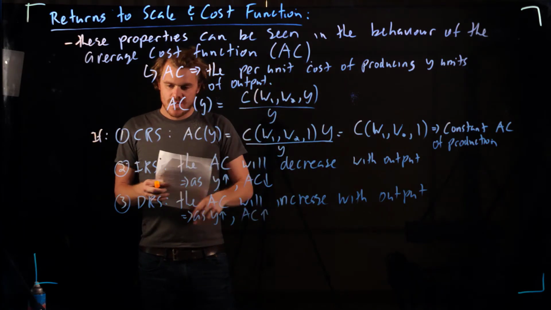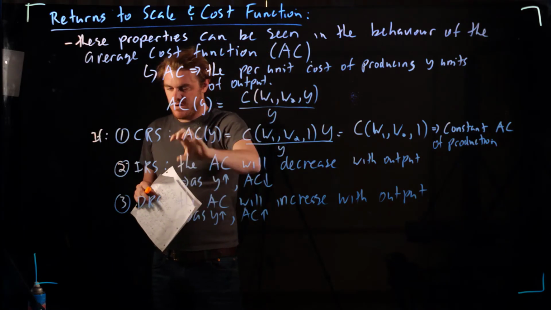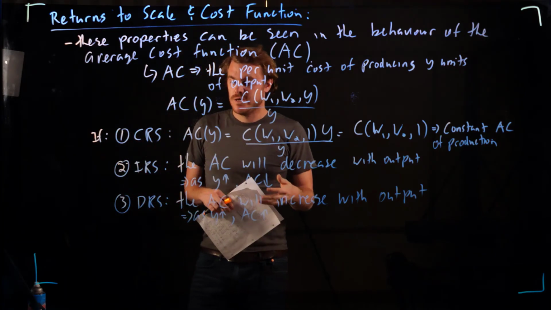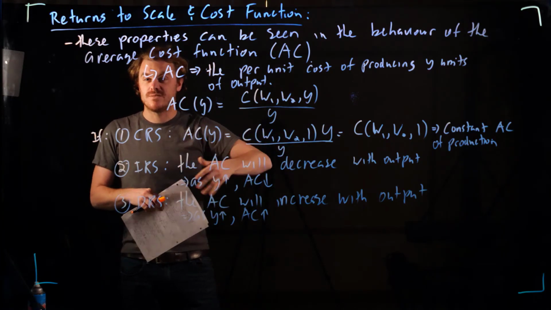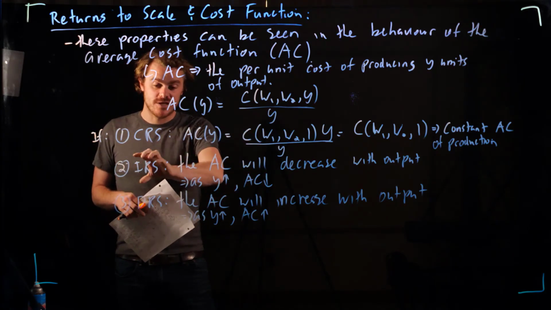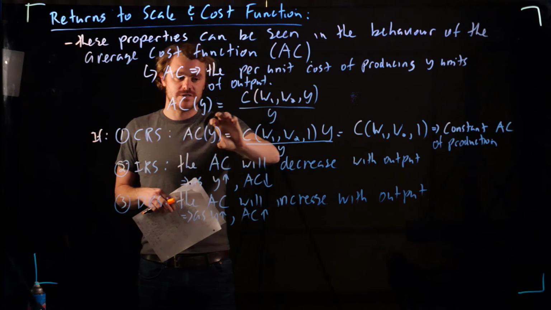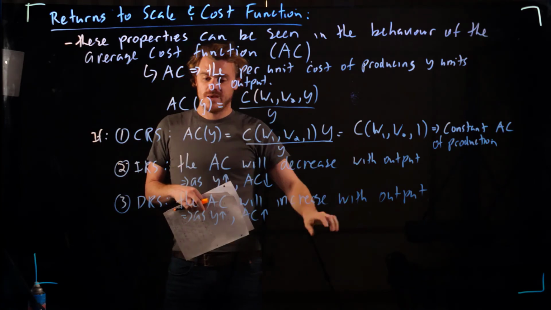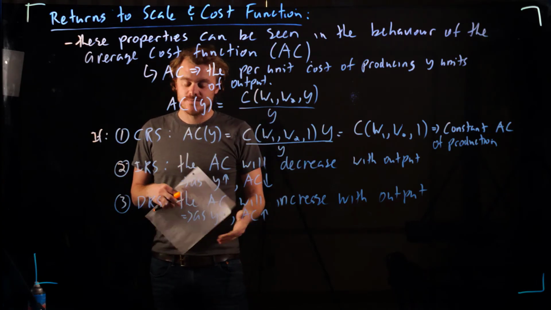And so it's important to note that a given technology can have all these three things true at different levels of production. So there could be points in production where we have increasing returns to scale. Maybe at the beginning, as we are able to specialize in production processes, have people specialize, we have increasing returns to scale. And then maybe at some level of output, we get constant returns to scale. And then eventually, we might get decreasing returns to scale. And so we could have an average cost function that displays all these three properties.